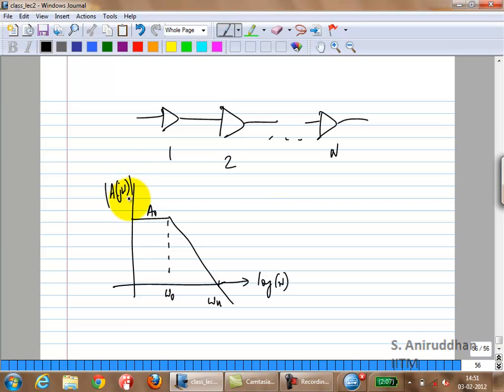So we are going to approximate each one of them to be a single pole system. What is the overall H of S? It's just going to be A naught over 1 plus S over omega naught, whole power n. Correct?